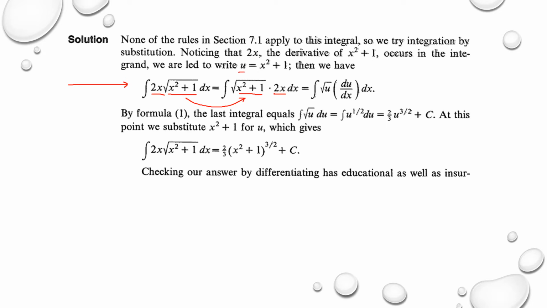We assume u as x square plus 1. We can easily find the derivative of u here as a factor. Since x square plus 1 is equal to u, it will become square root of u, and this whole term is du, because 2x is the derivative of u.